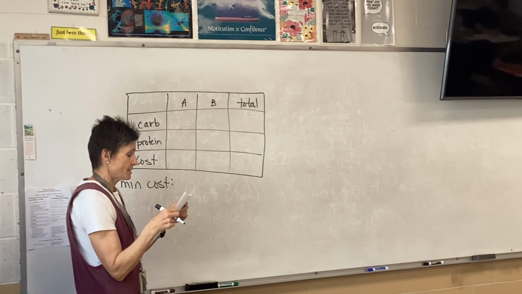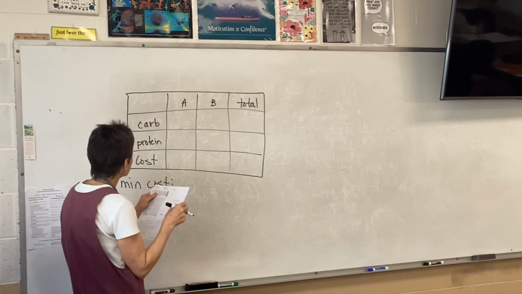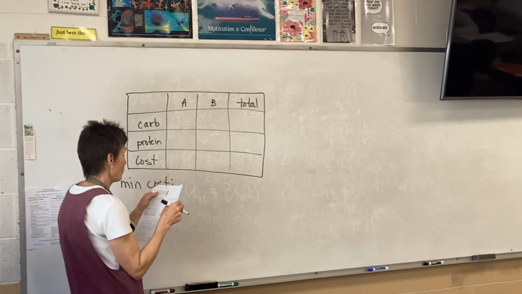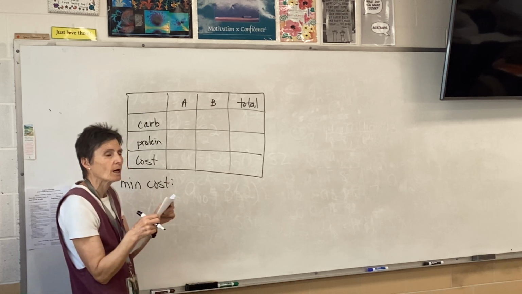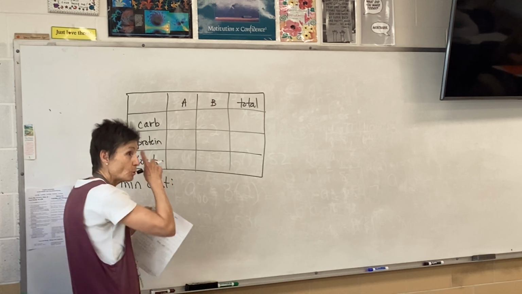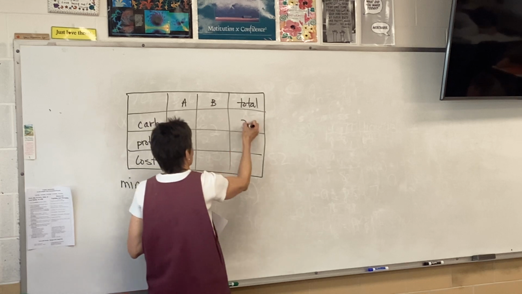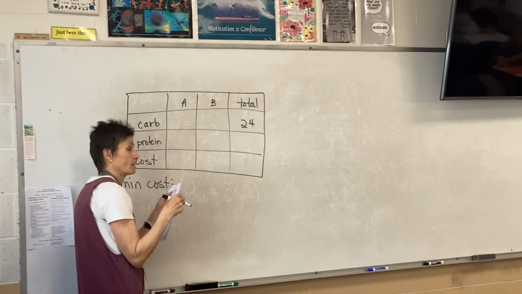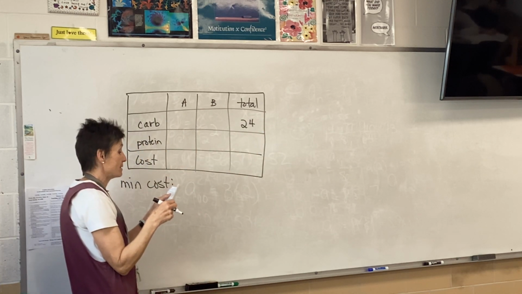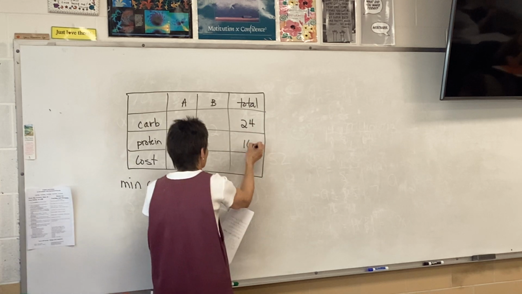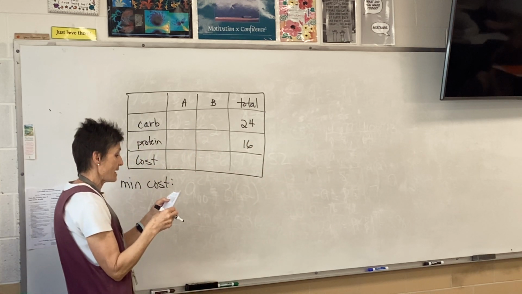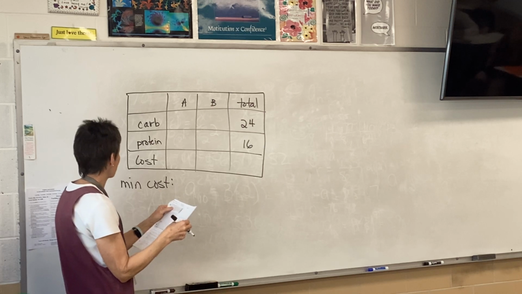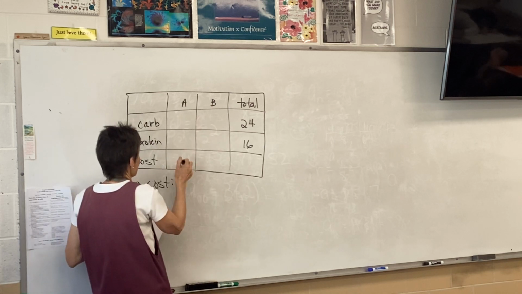Paul's diet is to contain at least 24 units of carbohydrates. Where does that 24 go? The total carbohydrate. And 16 protein. Food substance A costs $1.40, so right here.